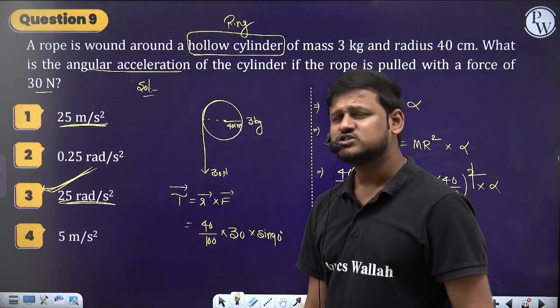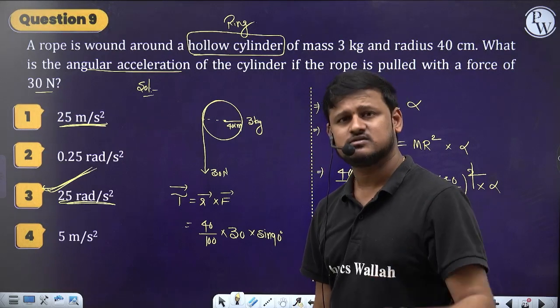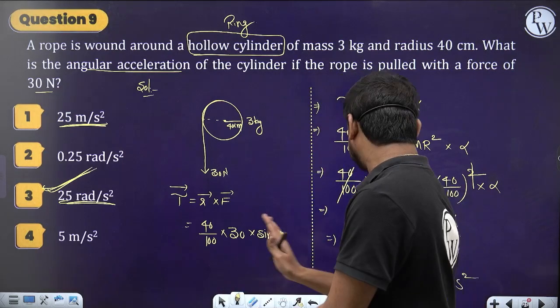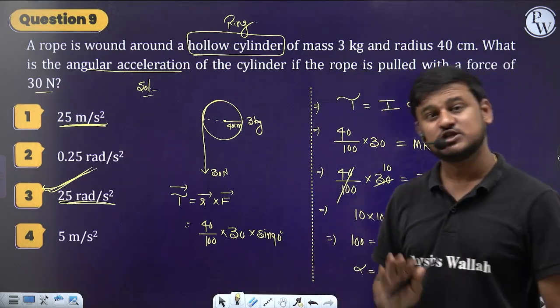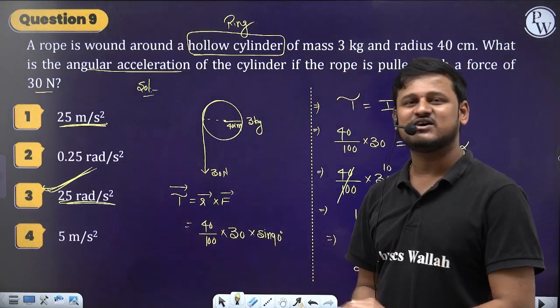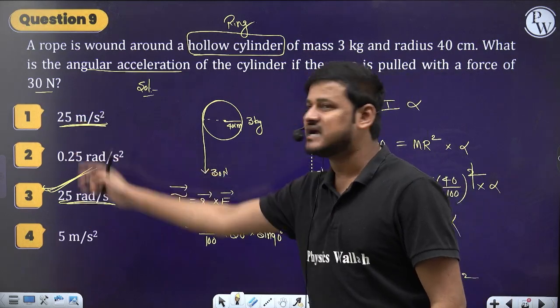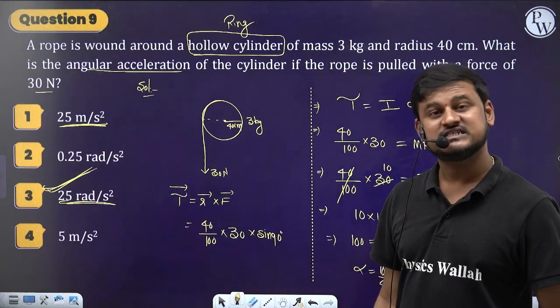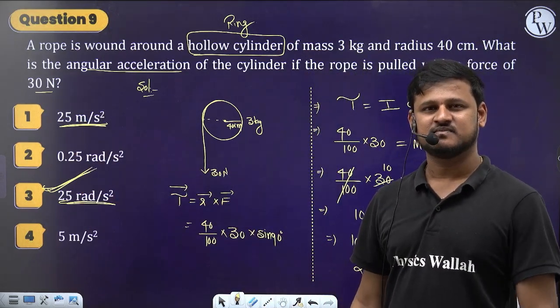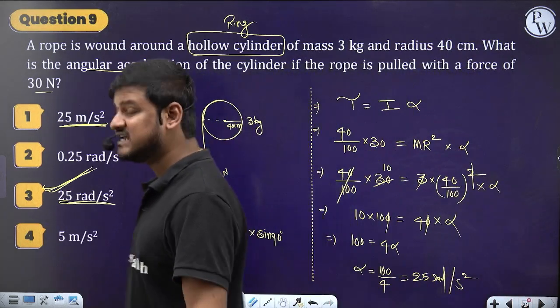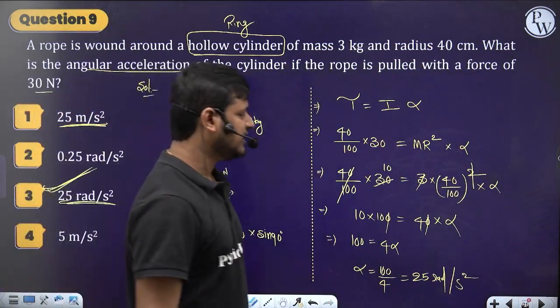Just joking, but most of the students get excited when they get the answer. That's a good thing, but check all the remaining options also and choose the relevant answer. If the same magnitudes are there, check the units also. And sometimes direction matters, sometimes sign matters. All these things you have to take care.